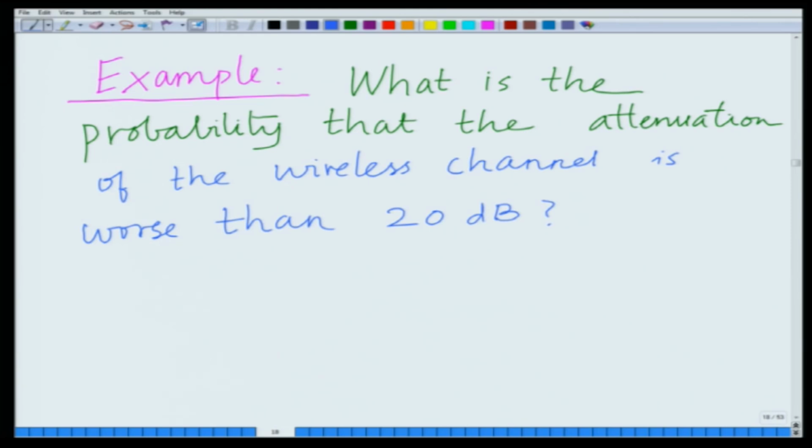That is, given this fading wireless channel in which the power is distributed as an exponential random variable, what is the probability that the attenuation of this fading wireless channel is worse than 20 dB.